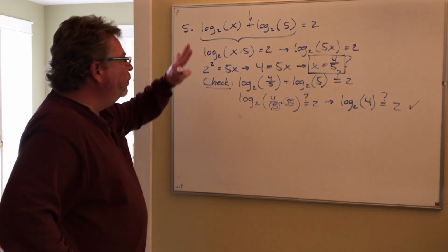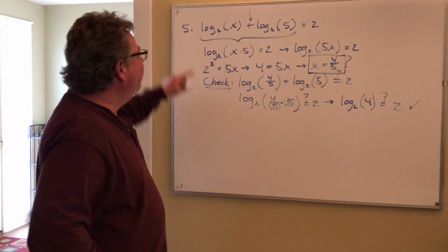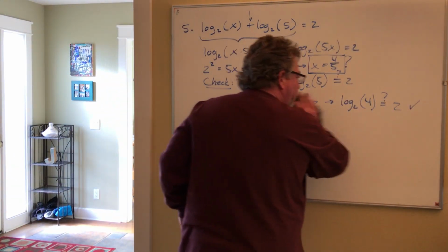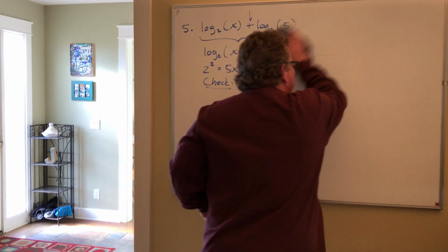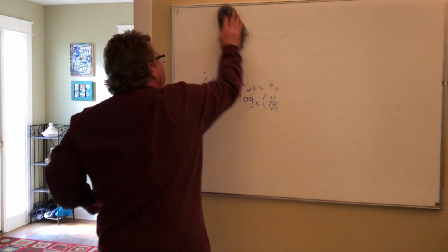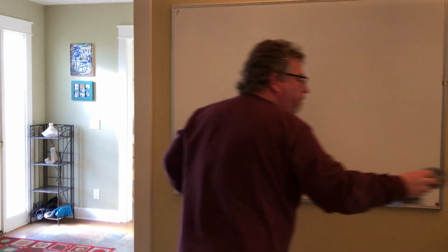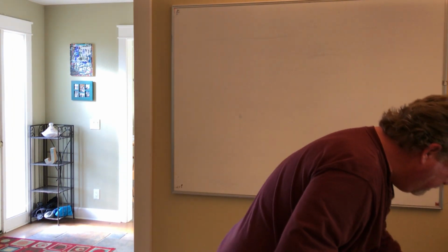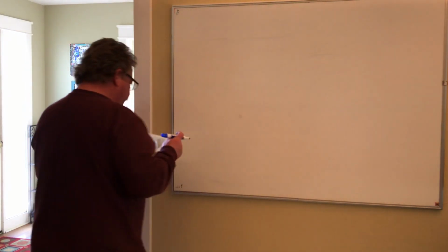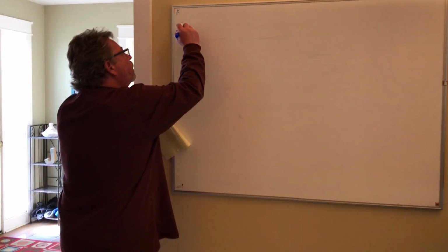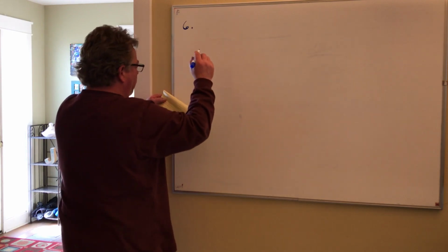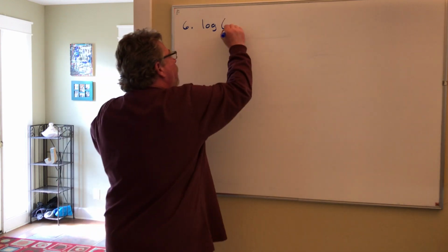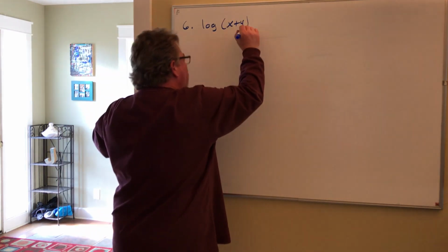Whew, okay, so there's that example. I got one more, so bear with me. This is number 6 in this list. What's this one going to look like? So let's take the logarithm base 10 of x plus 4.